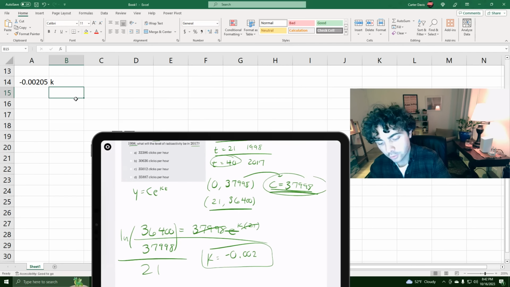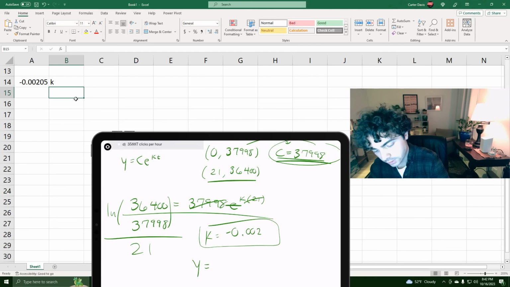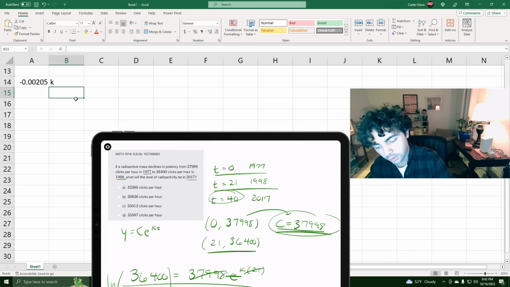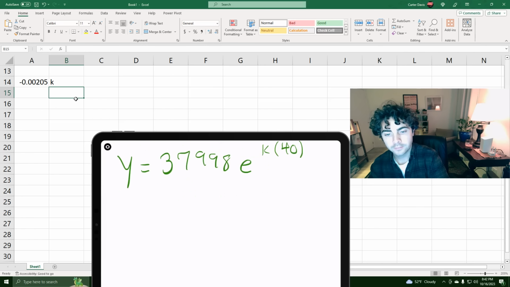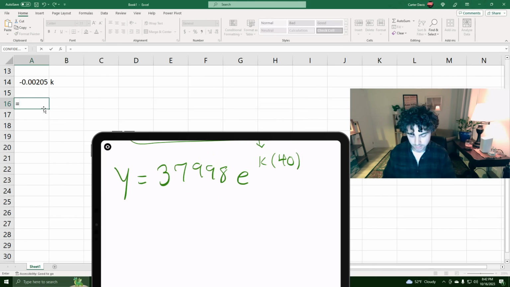So the equation we set up is y equals c, which is 37998, e to the k, which I'll use the Excel value for, times 40, because 40 is the time value that we're plugging in. So we're finding the number of clicks in the year 2017. Let's give it a go. In Excel, easy peasy, do 37998 times exp to represent e to some power.